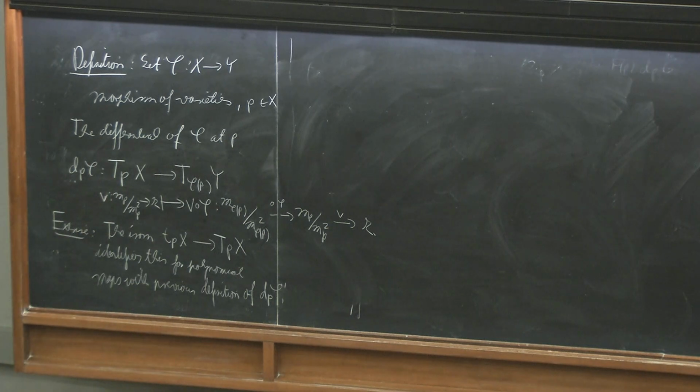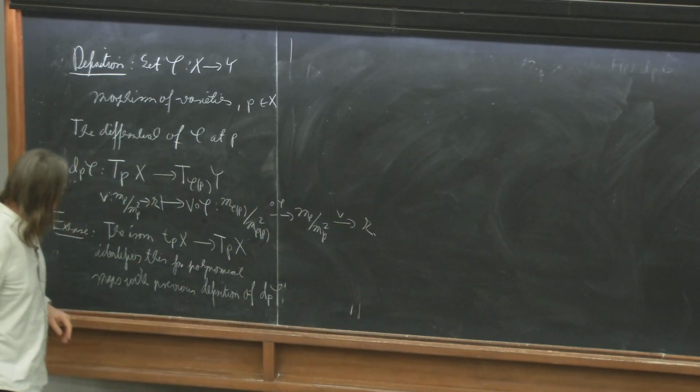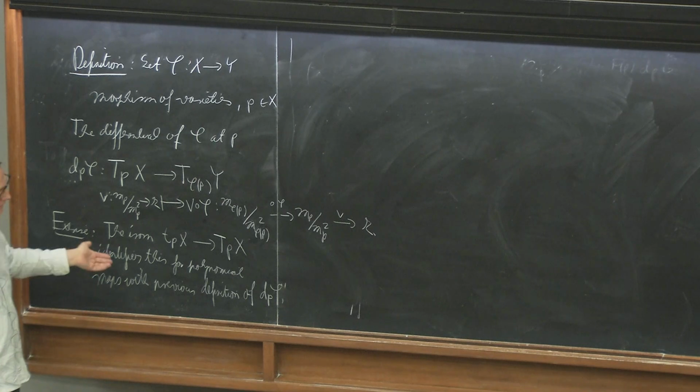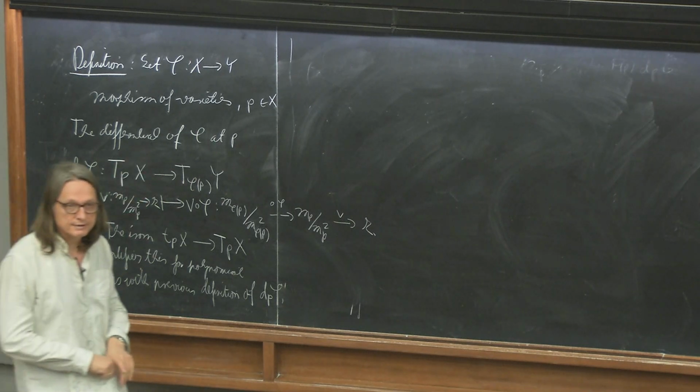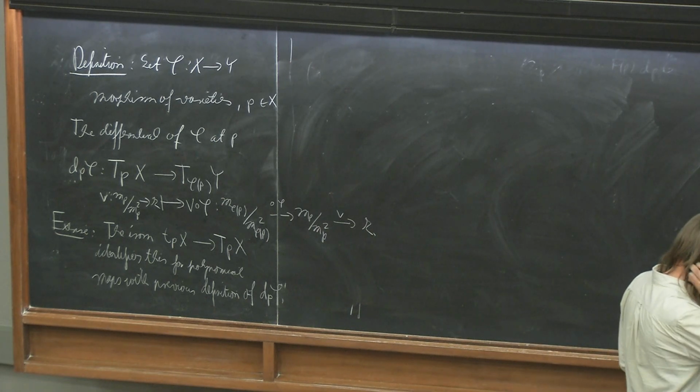Again, this is just a very simple check. So it's useful to have these abstract things if one wants to prove theorems. On the other hand, if you have a concrete example, most of the time it's much easier to work with coordinates and just do the computation. So therefore, it is also useful to have this.